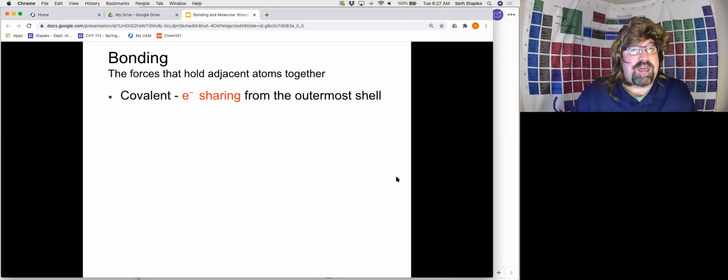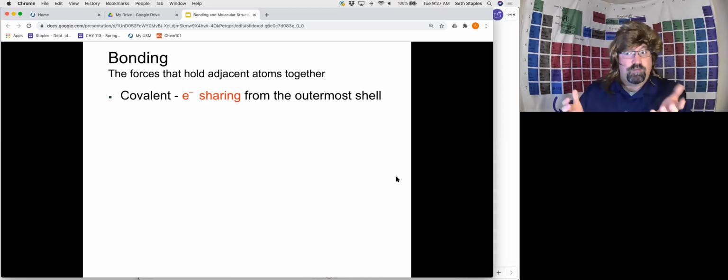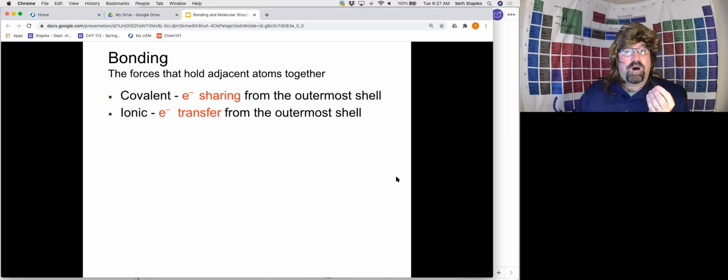Now, again, we're looking at electrons in the outermost shell. It's just those valence electrons which are now going to be shared to form a covalent bond. In an ionic bond, we have a full electron transfer, again, coming from the outermost shell into an innermost shell is one way we can view it.